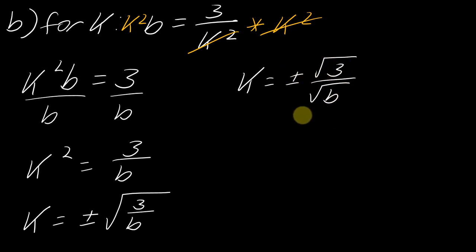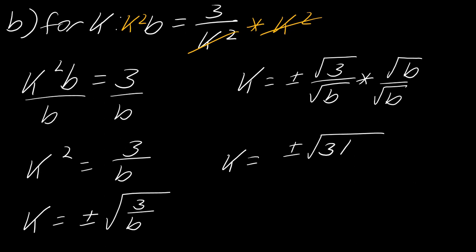In the previous one, I got to take the square root of 4. In this case, I can't take the square root of b, so I just have to rationalize. With square roots, these are the easiest to rationalize, so I just multiply by the square root of b. Now this becomes the square root of 3b, and then here, square root of b times square root of b means I'm just left with b. The square roots effectively cancel out in a way.